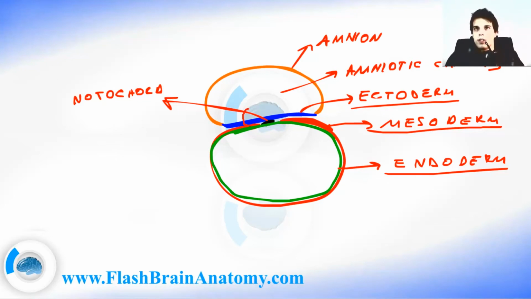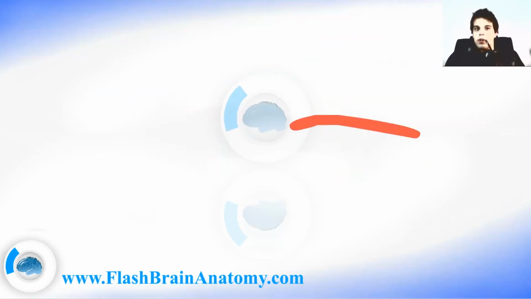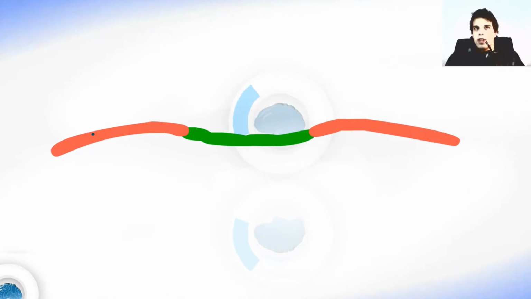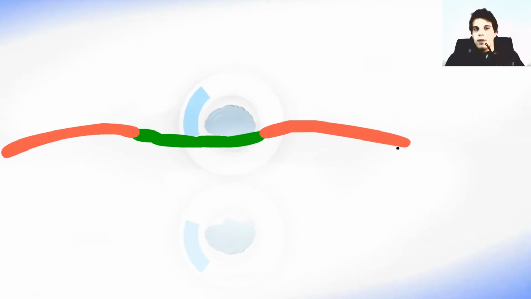I will draw this part over here from a close-up perspective just to show you how the brain is being developed, how it all starts. At the beginning of the 3rd week of pregnancy, it is possible to notice that the ectoderm gets thicker. So we have the ectoderm here, and then it gets thicker, and then it's normal ectoderm here again.